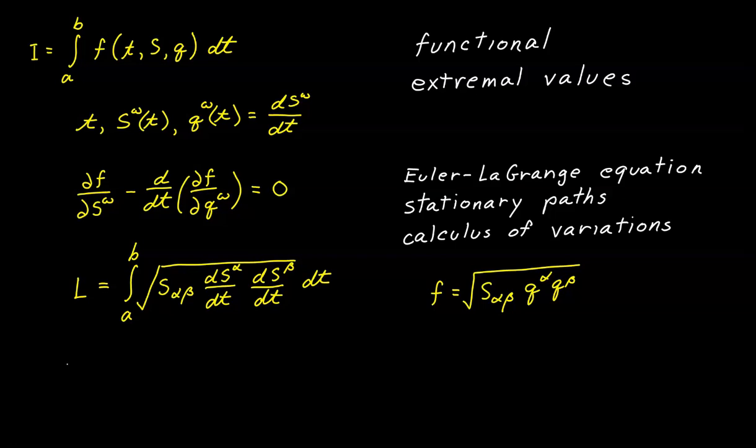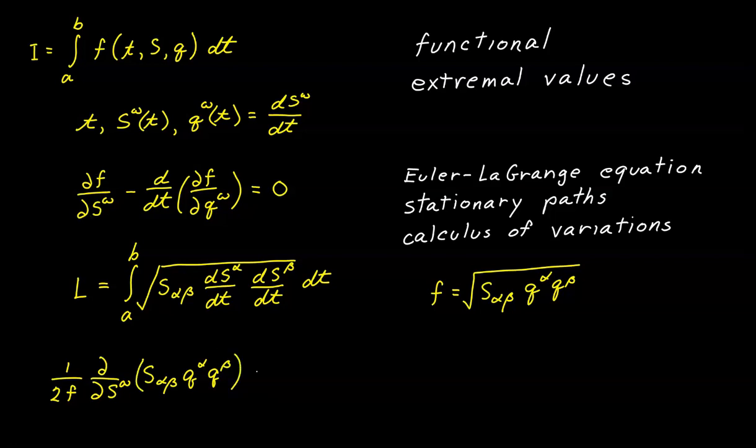It's going to be 1 over 2f, f is just this radical expression, times the partial derivative with respect to s omega of what's inside the radical here, s alpha beta q alpha q beta. So this would be the partial derivative of f with respect to s omega.